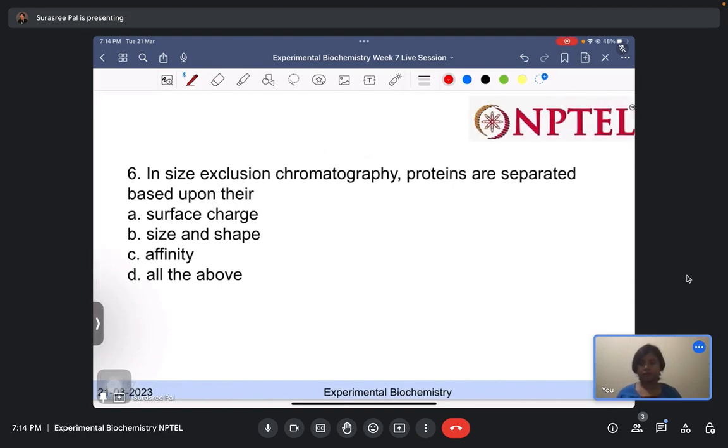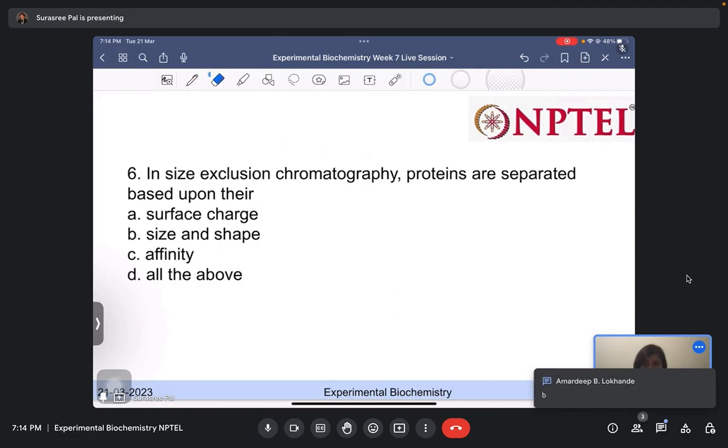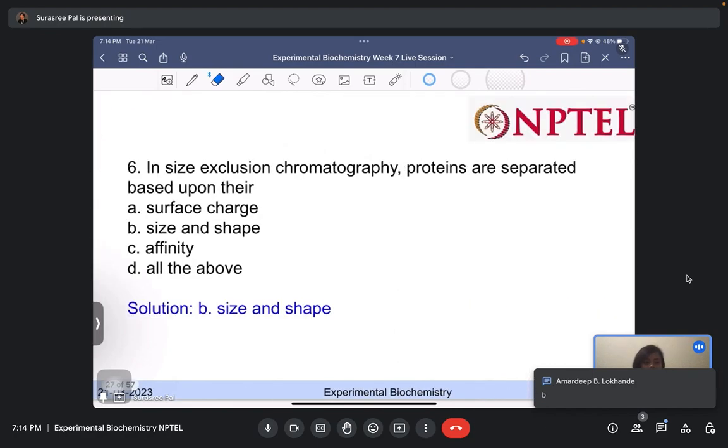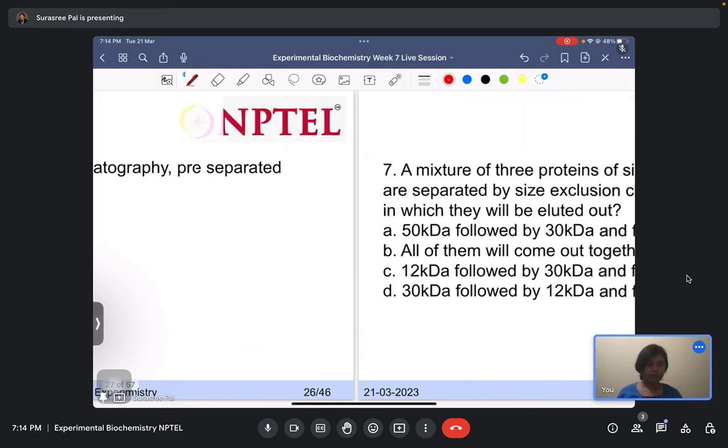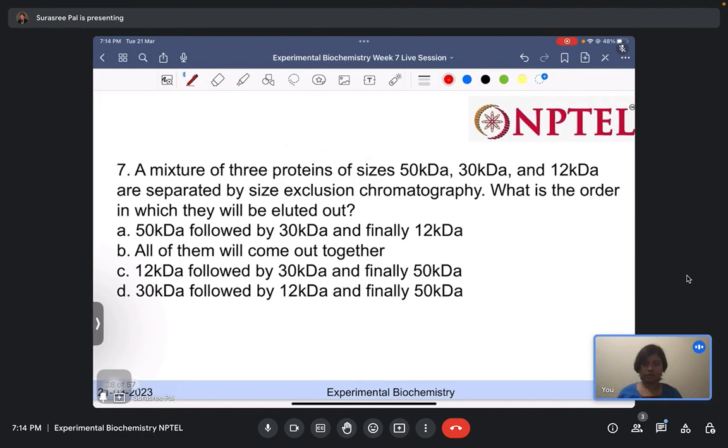Next question. Right. So in size exclusion chromatography, proteins are separated based on their size and shape. Next question.